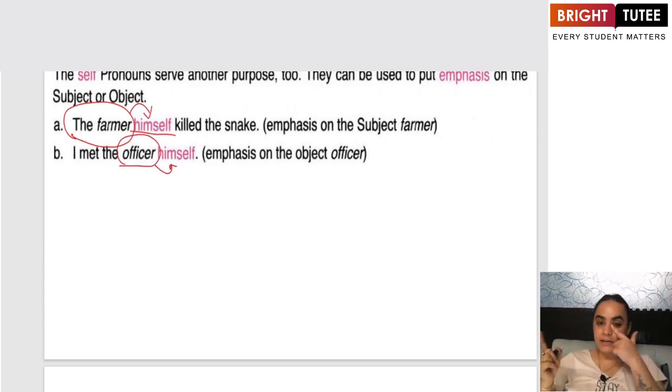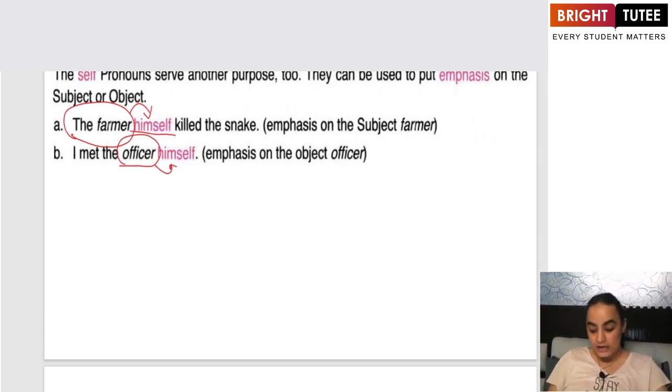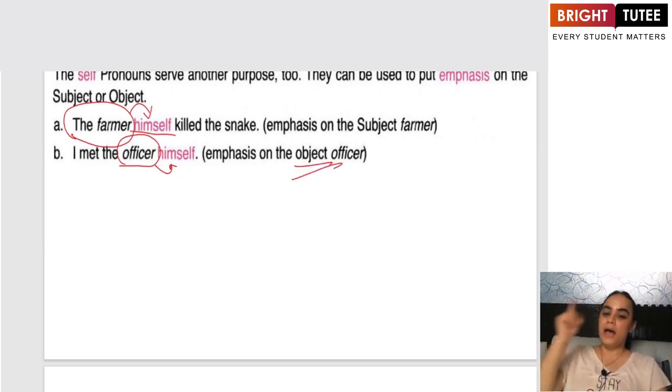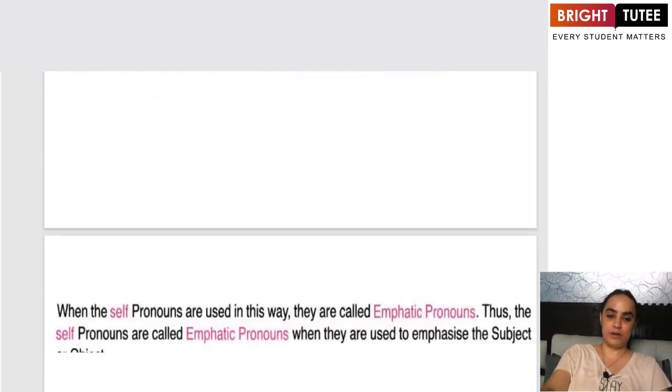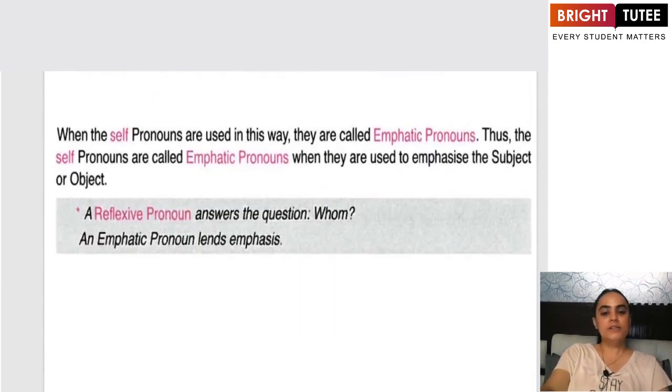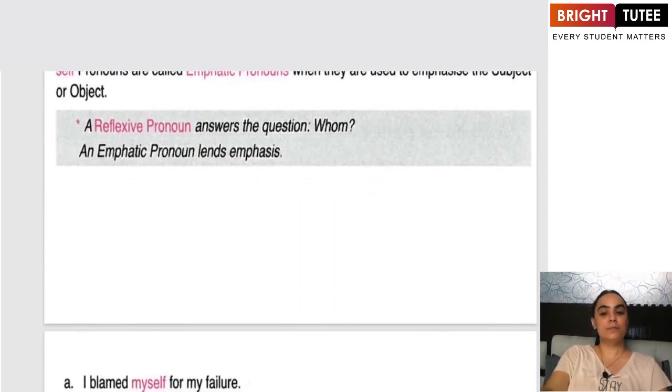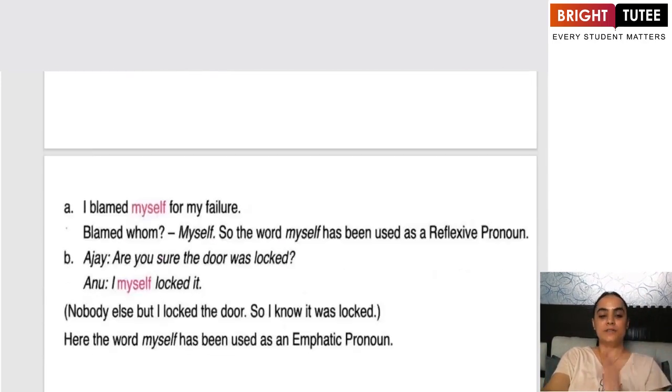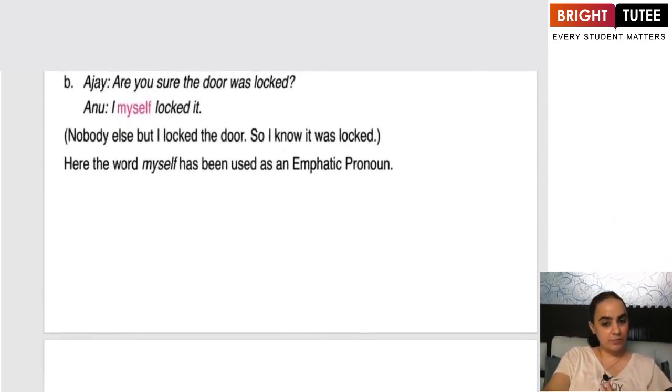I did not meet anybody else but the officer. So when your pronoun is used in accordance with the subject or even the object, that is an emphatic pronoun. And when your pronoun is used as the object of a verb, it is a reflexive pronoun. Alright? So this is the difference between reflexive as well as emphatic pronoun.